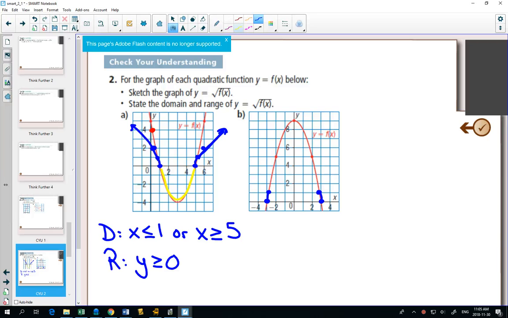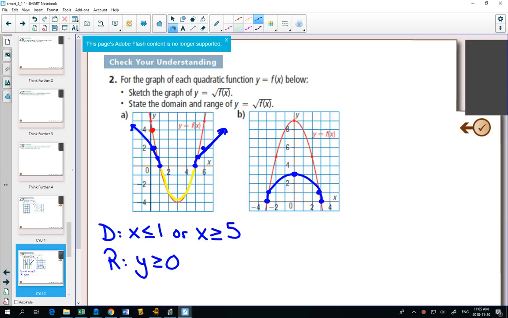But we can have some values here, like what's the square root of 9? 3. So we know that that point's going to go there. And there, my entire graph is less than my red graph. Of course, where the red graph is negative, your square root graph won't exist.